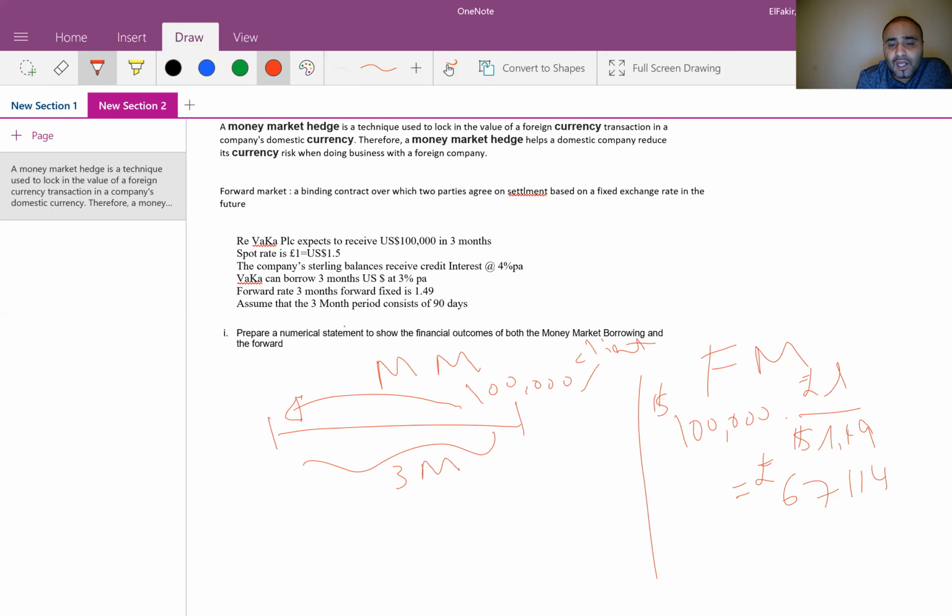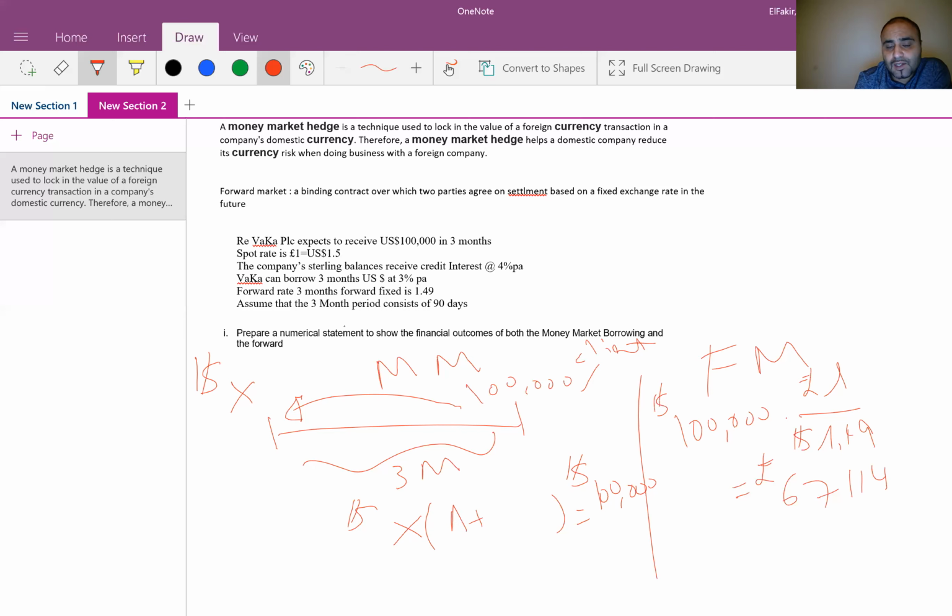Now the company can, instead of waiting for the whole of this period, borrow an X amount of dollars now from a US bank, and that amount, in addition to the interest that the company will be charged, will grow to 100,000. So put simply, the company will borrow X dollars and they will be charged a certain interest that within 3 months time it will grow to 100,000.